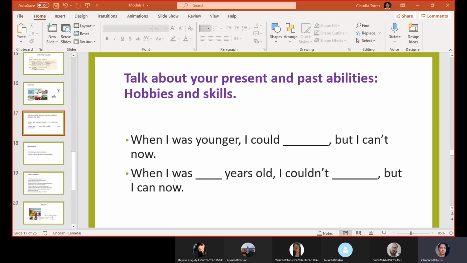Maybe you can use and. Because when you use but, you're contrasting two ideas. So one is usually affirmative, and the other one is negative.